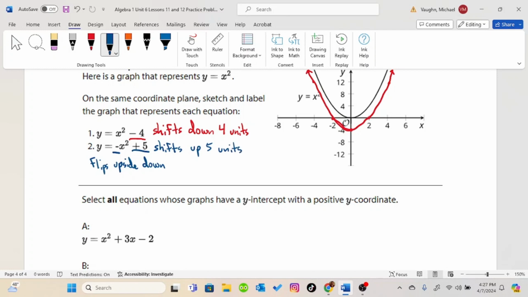So now I want to go up 5 units, and then I want to start flipping it upside down. And I draw my parabola.